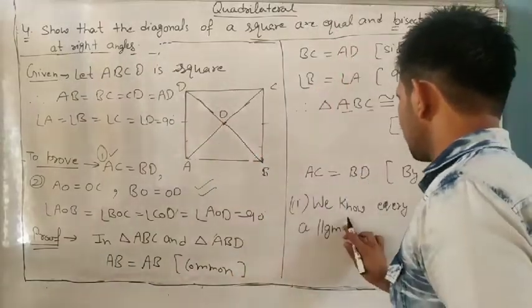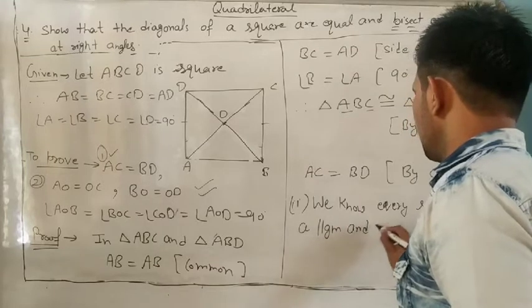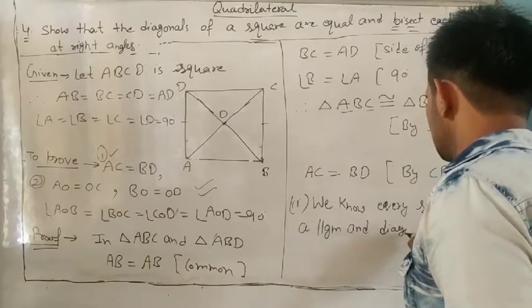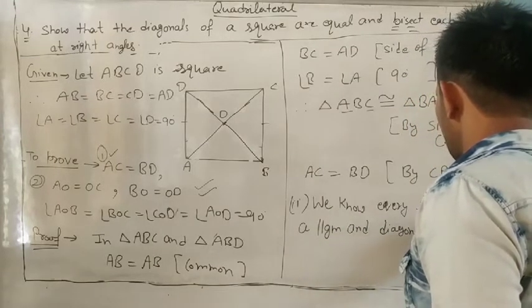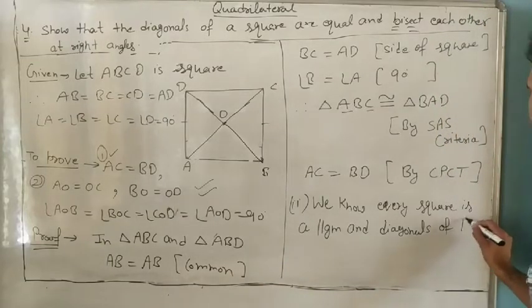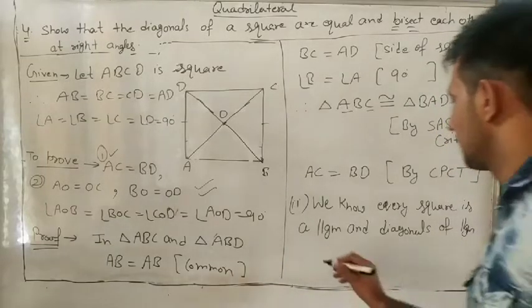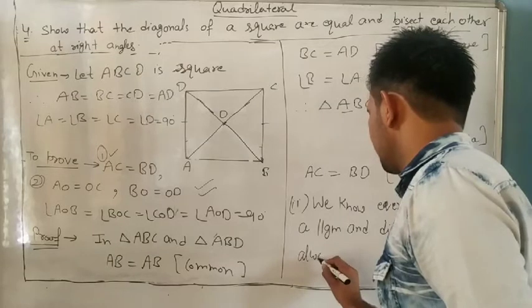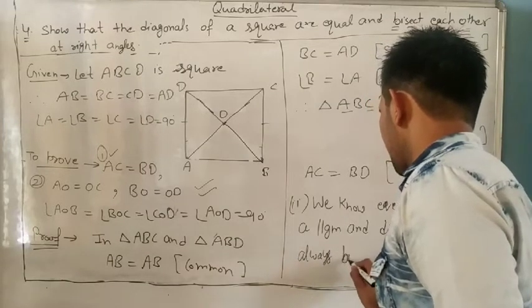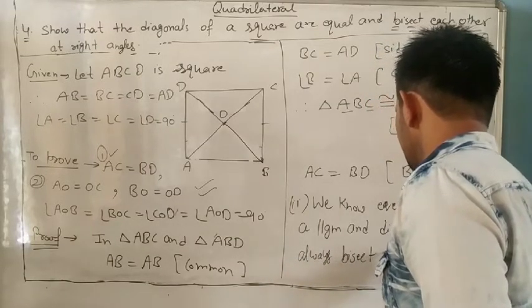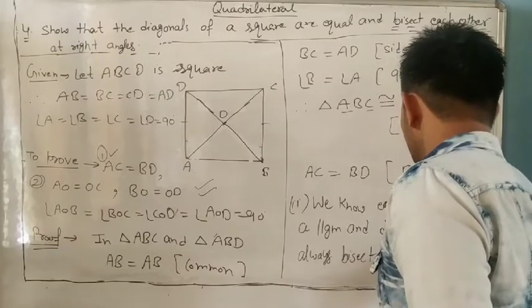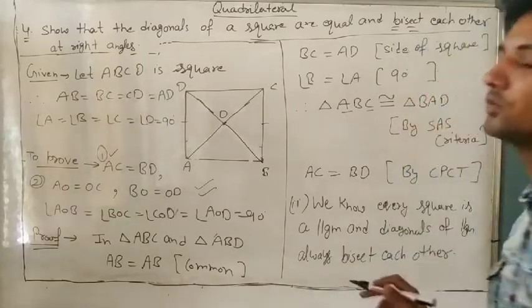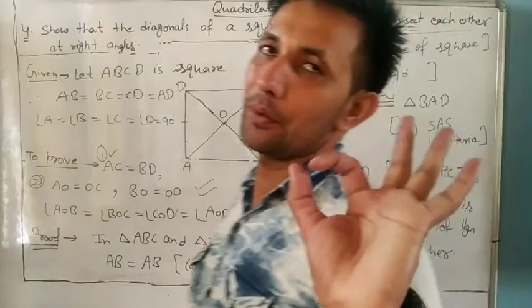we know diagonals of a parallelogram always bisect each other. It is the property of a parallelogram, because what are the properties of a parallelogram?